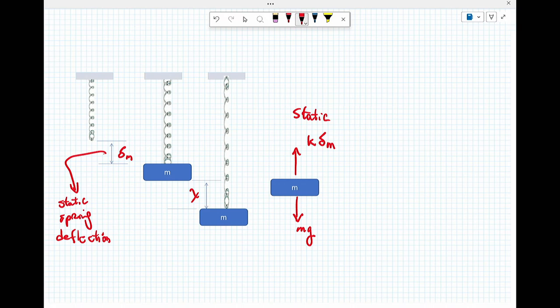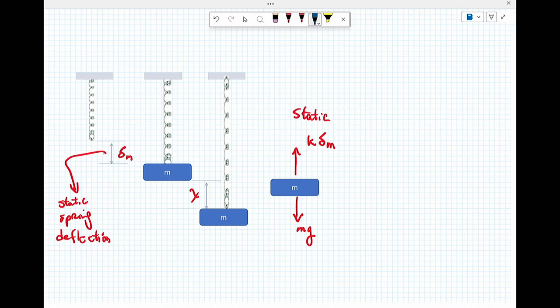So the first thing I'm going to do is I'm going to look at the static case where it's just deflected, and I have x and I have delta m. So the spring has displaced a distance delta m. I know, or I'm told, what the spring constant is, and so in that case it's just k delta m and mg.